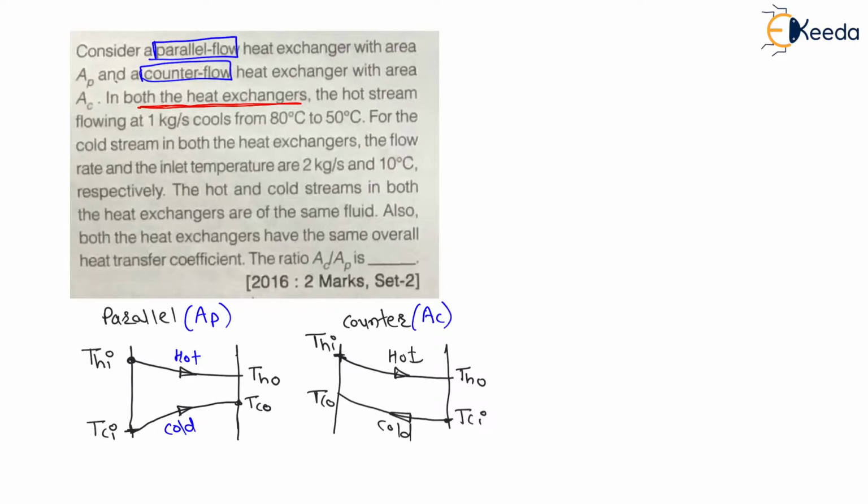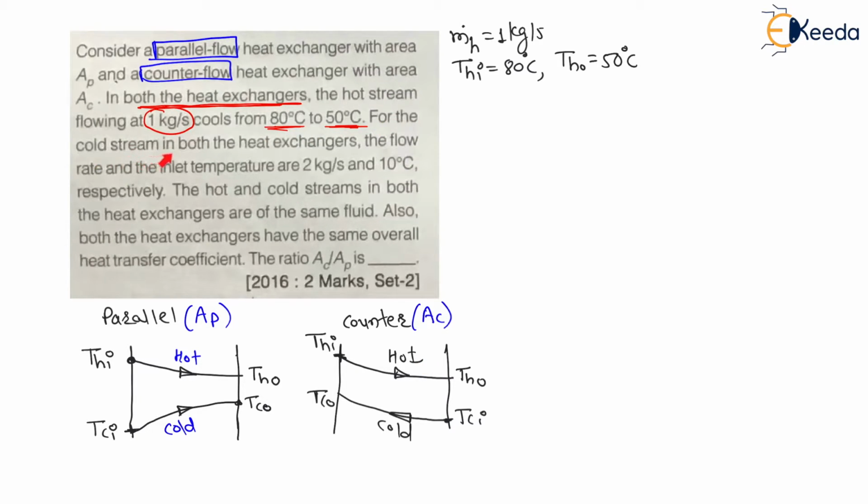That is, in parallel as well as counter, the mass flow rate of hot fluid as well as the inlet temperature and exit temperature of hot fluid is the same. Therefore, the mass flow rate of hot fluid is equal to 1 kg per second in both parallel as well as counter, the inlet temperature of hot fluid is equal to 80 degrees Celsius, and the exit temperature of hot fluid is equal to 50 degrees Celsius in case of both parallel as well as counter. This is mentioned here in the question.